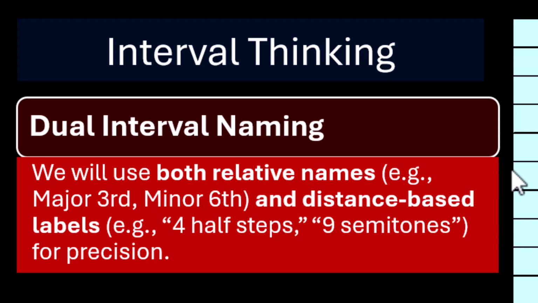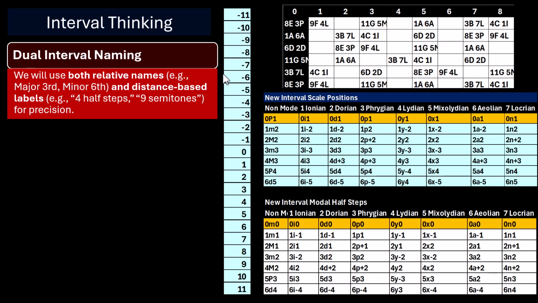So we have the dual interval naming. We will use both relative names, e.g. major third, minor sixth, and distance-based labels. So particularly on the guitar, one thing I think we can do that's again, just objectively better, even if you use the same interval names, the interval names in the normal system being based on the idea that the major scale is the scale that everything else is created from, which isn't exactly true.